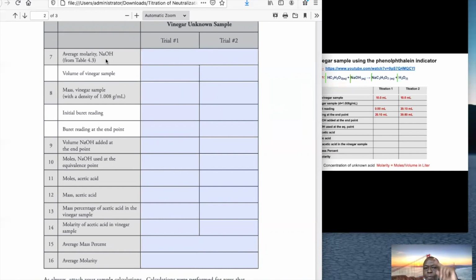You'll end up with one value, which you will bring down here. Unless you read the background procedure in Topaz, you will not know what the volume of vinegar was. The direction called for using the pipette to pipette 10 ml.